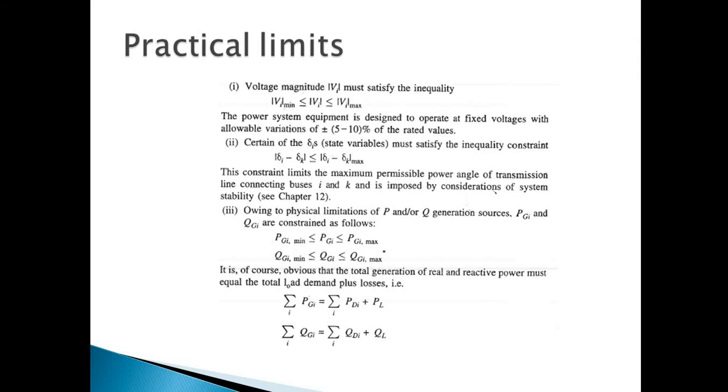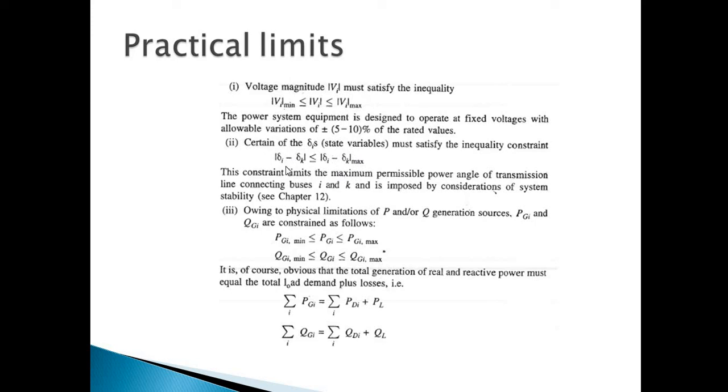Okay, even the delta should be within a certain limit. This is the maximum permissible power angle. Delta is the power angle of the transmission line connecting bus i and k, and it is imposed by consideration of system stability. If you remember the swing equation, the delta comes into the picture.